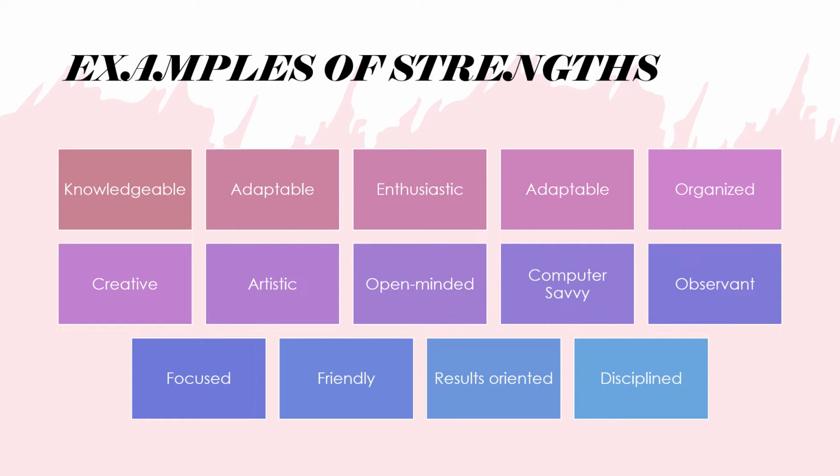Being creative is a great strength to have because you must incorporate creativity into designing engaging lessons. And finally, being organized is a good strength to have because as a teacher, you need to be able to organize both the daily activities that happen in your class as well as the paperwork involved with being a teacher.